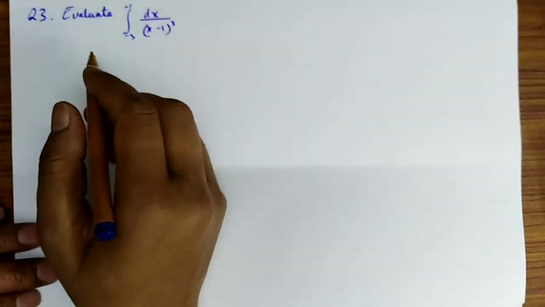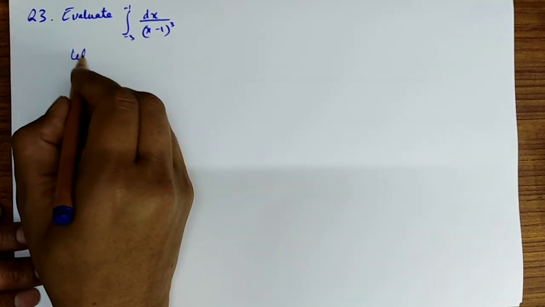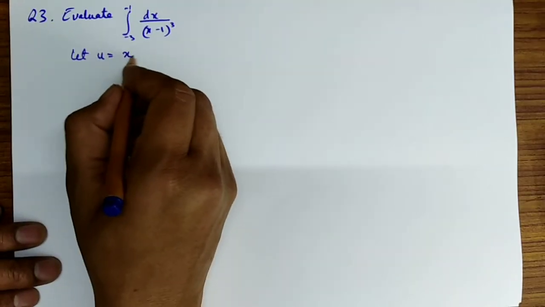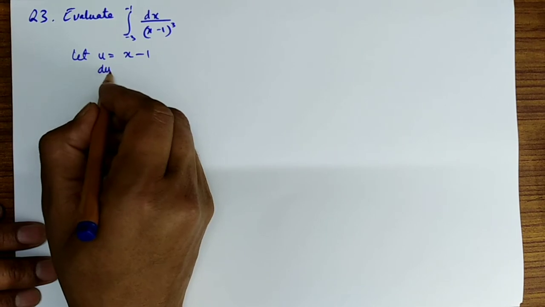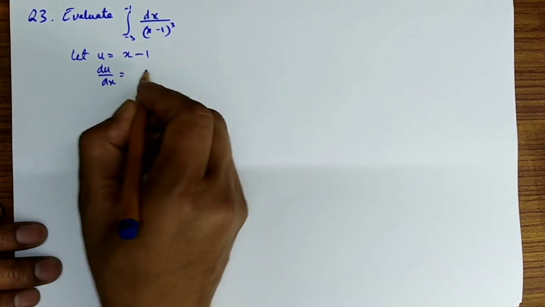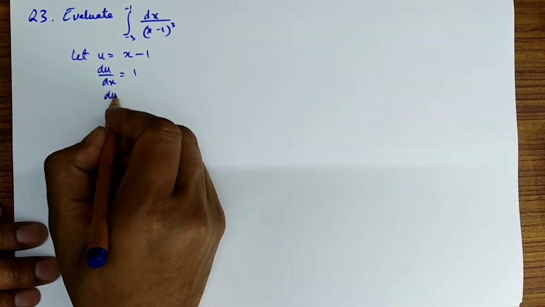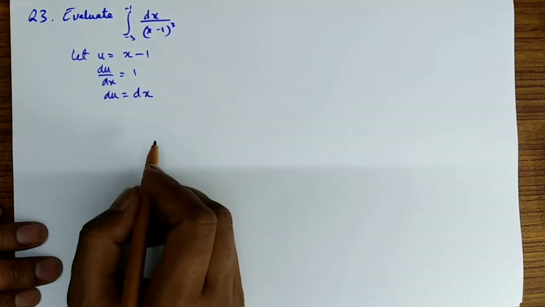Okay, using the same procedure, let u equals x minus 1. Take the derivative, du upon dx, that is 1, du equals dx, right?